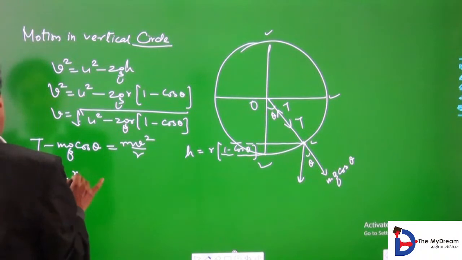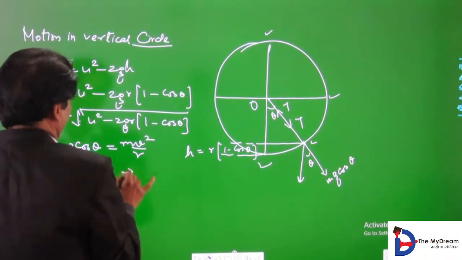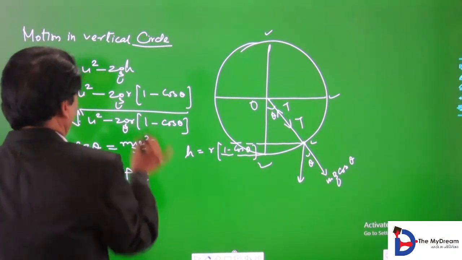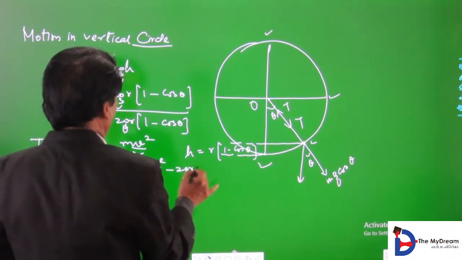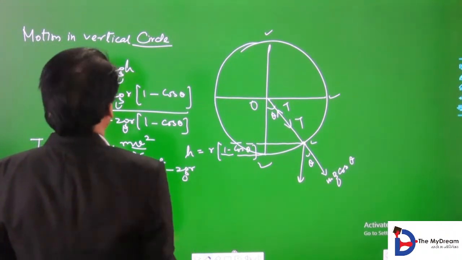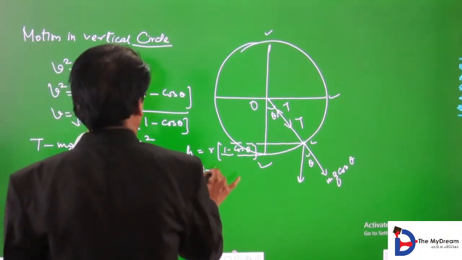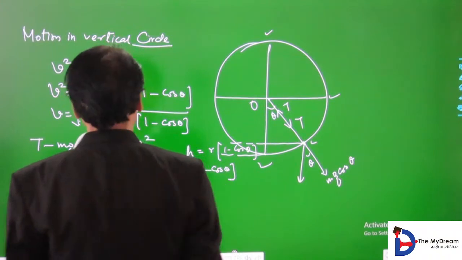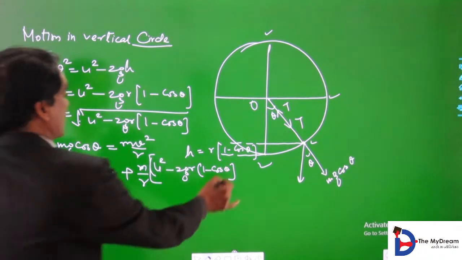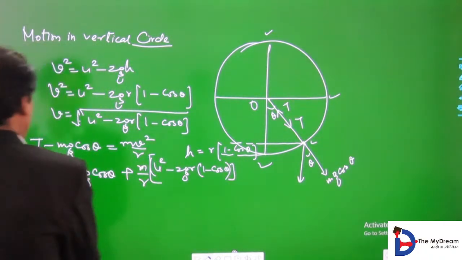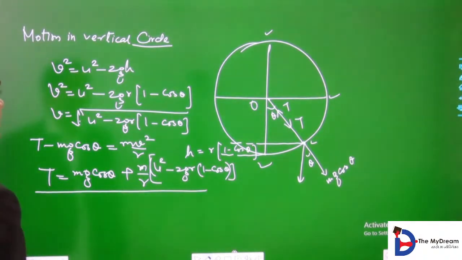So T is equal to mg cos theta plus mv square by r, v square कितना, that is u square minus 2gr into (1 minus cos theta). Yes. You can put the values and get the answer.